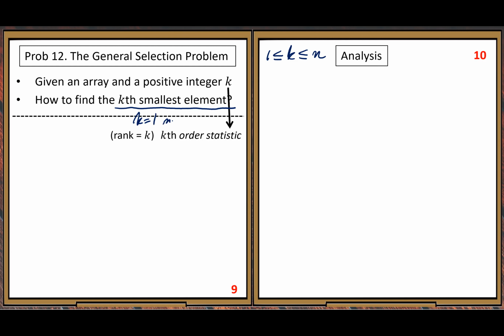The minimum problem, finding the minimum. So that is a special selection problem. Minimum, maximum, similar. But there is another special and very important selection problem: find the median.